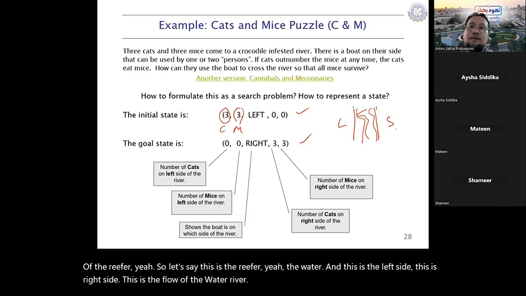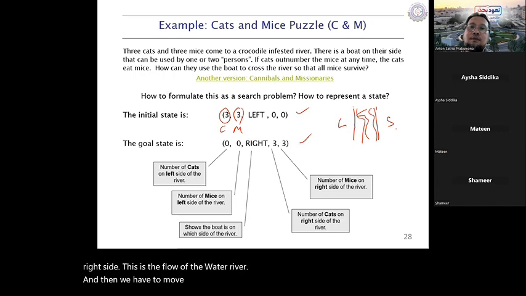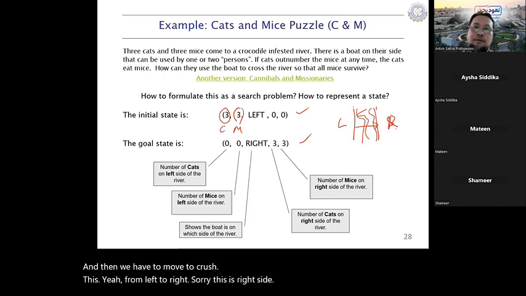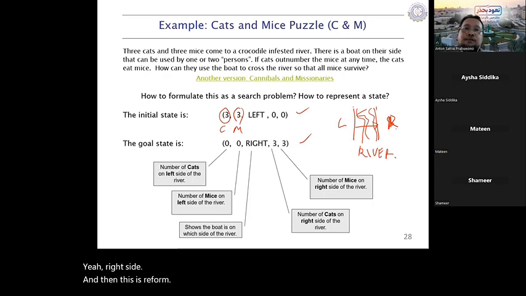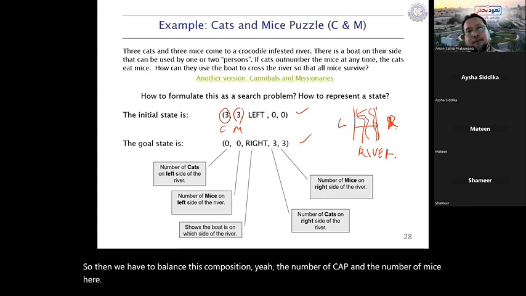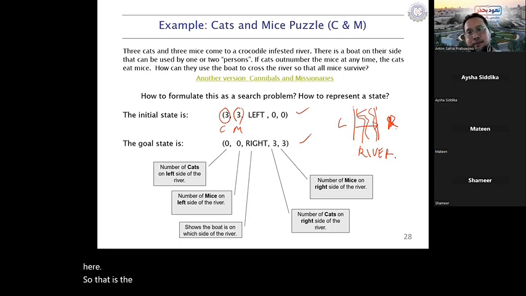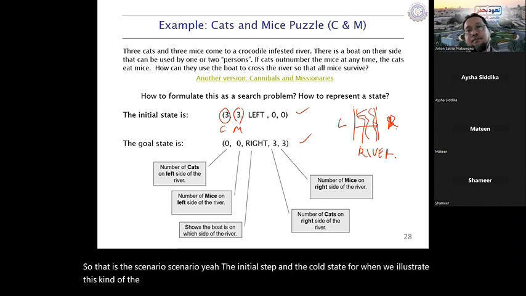Then we have to cross from the left side to the right side, and balance the number of cats and the number of mice. So that is the scenario, the initial state and the goal state, when we illustrate this kind of problem, the cats and mice puzzle.